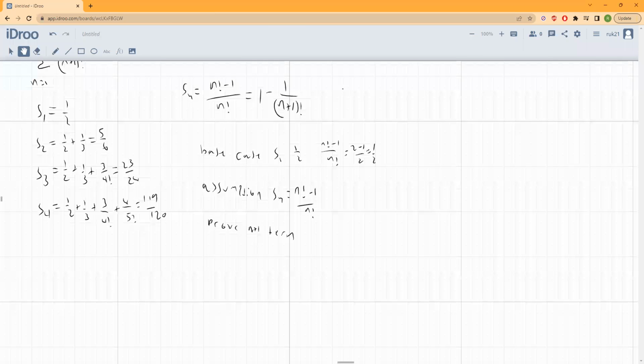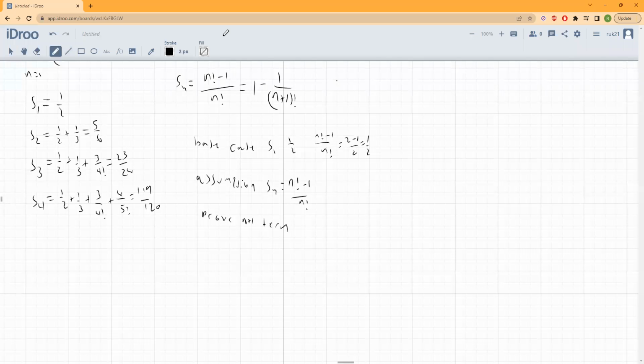And so what are we basically proving? We are proving that the sum of a1 plus a2, or you can think of it as 1 over 2 plus, what was our second term?